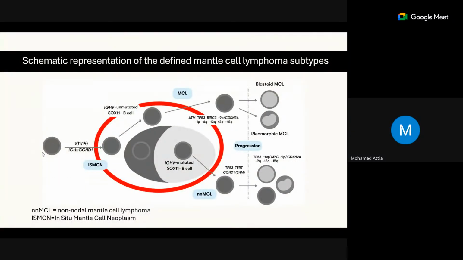So here again, the mantle, the naive cell, which comes from the bone marrow, harbors this translocation. A lot of us must have a question that arises here. What brings this translocation? Any speculation about this? I think most of us ask ourselves, what brings 9;22 in CML? What brings 11;14? What brings the 8 translocation in Burkitt's lymphoma?